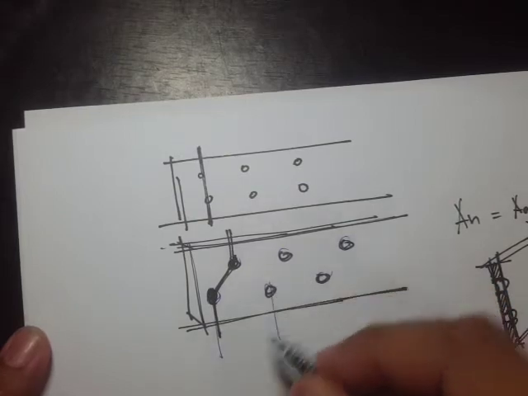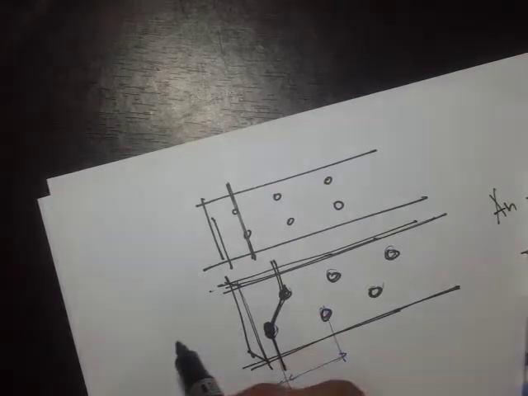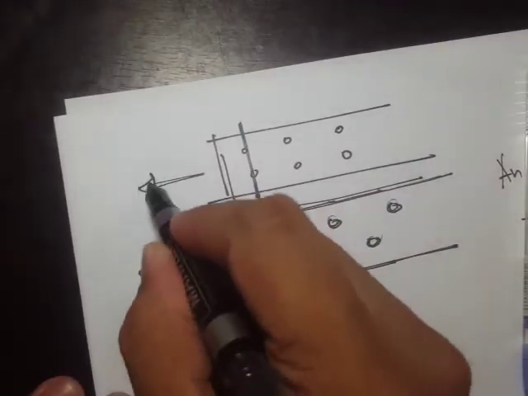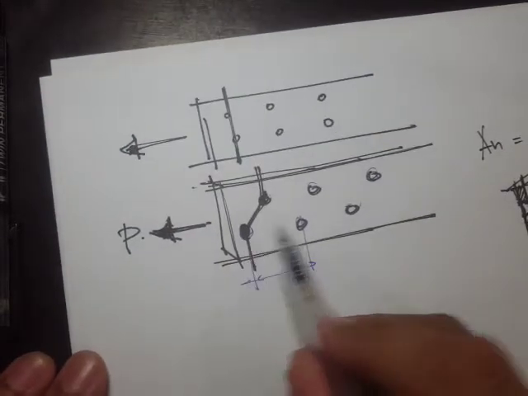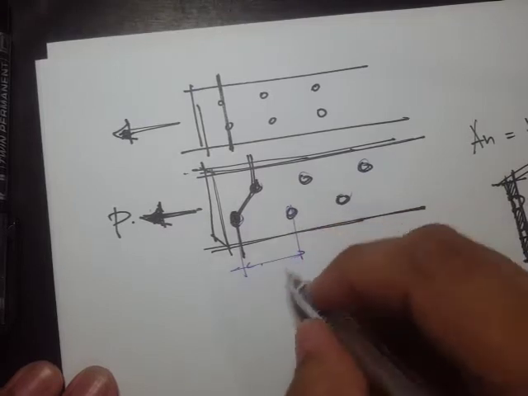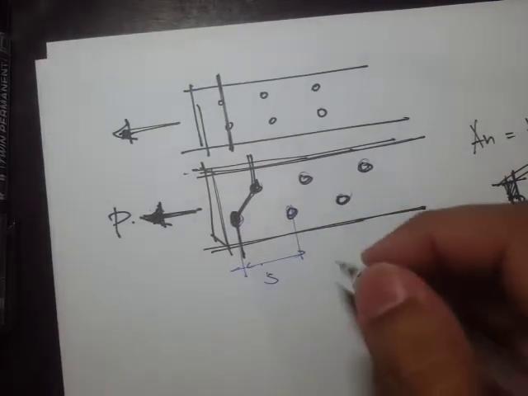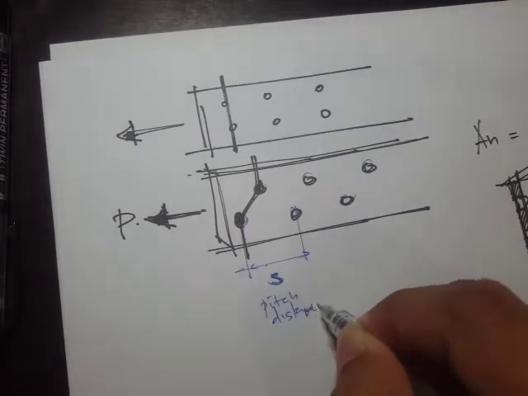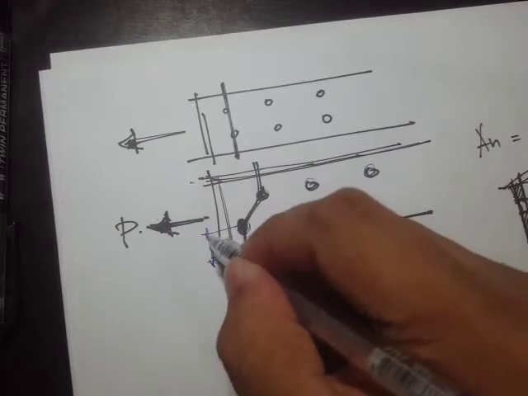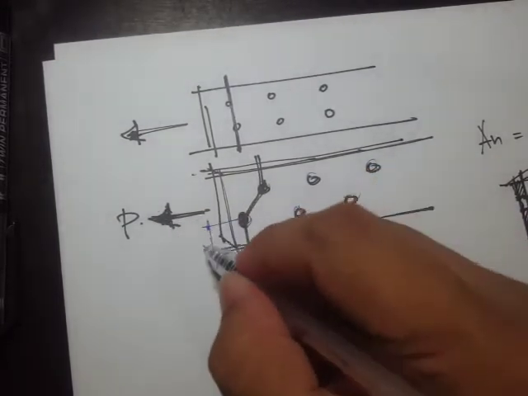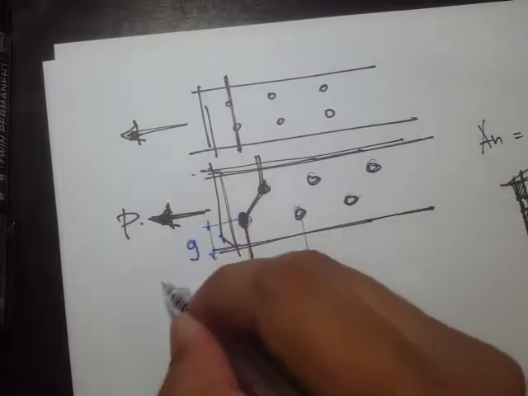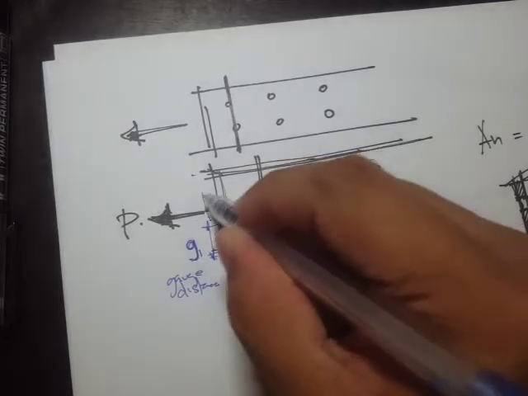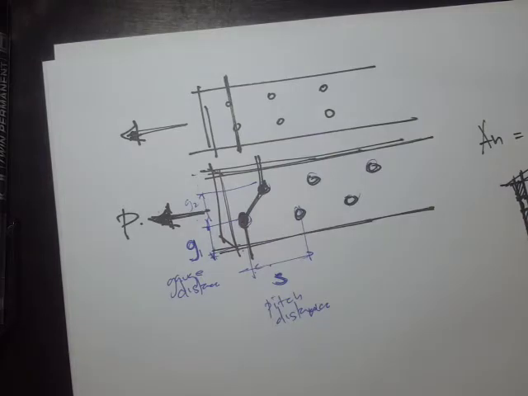The distance between the bolt holes parallel to the loading direction, so this is our loading direction and this distance is parallel to it, is what we call the pitch distance, denoted as S. And the distance perpendicular to this loading direction is our gauge distance, designated as G. Let's say this is gauge distance 1, then this will be gauge distance 2, and so on and so forth.